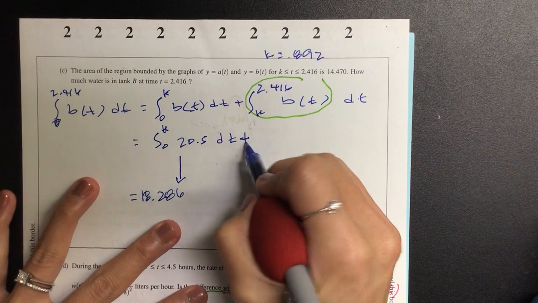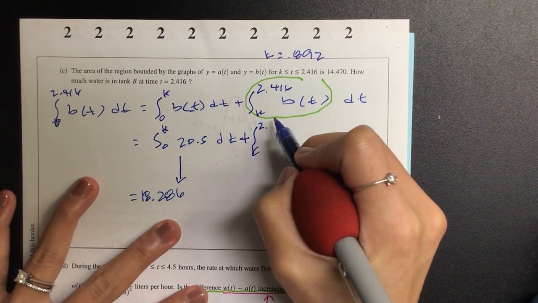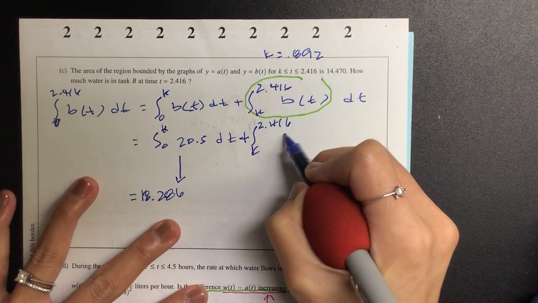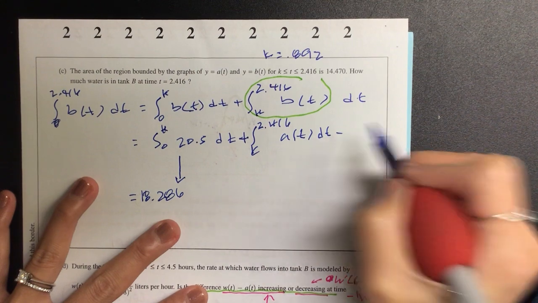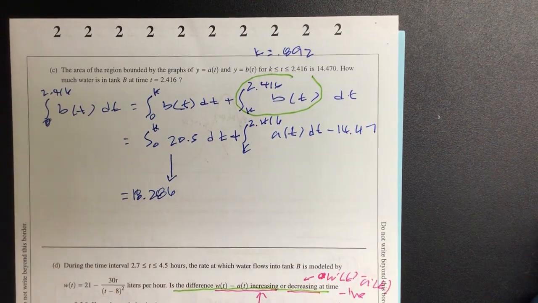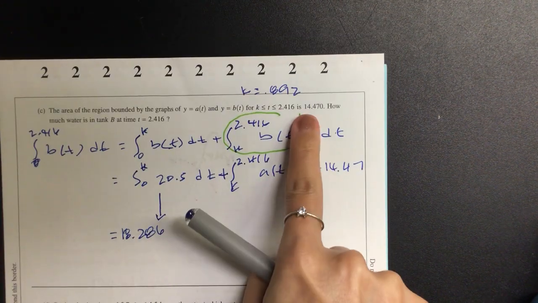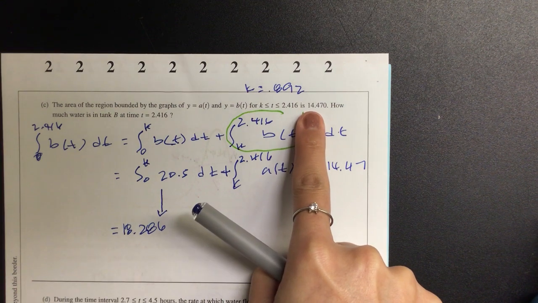This one's going to be plus the integral from k value to 2.416 of A of t, that's a big, minus, dt, minus a small one given to be 14.47. Right here, the value from k to 2.416 is 14.47.